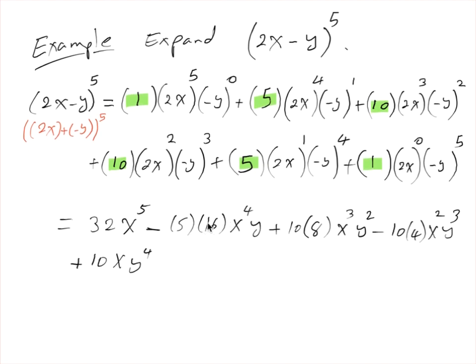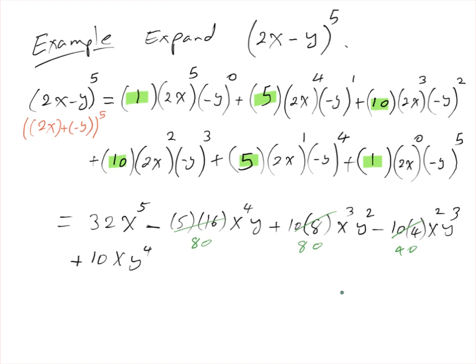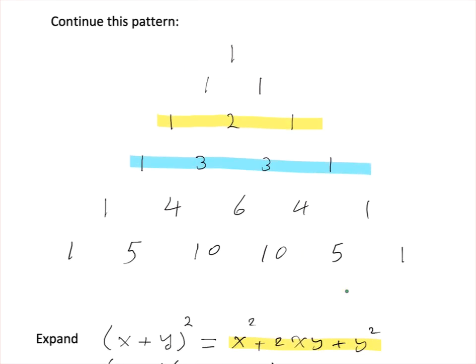And then the numbers in the middle, you can simplify. This one is 80, right? And this one is also 80. This one is minus 40, and so on. So that's how you expand binomials by using Pascal triangle.